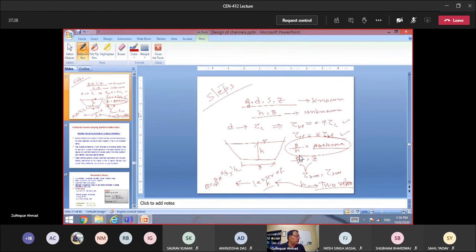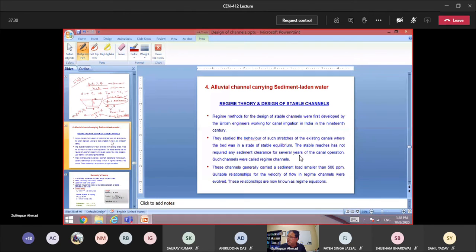So now we have to talk about the alluvial channel, right? Alluvial channel carrying sediment laden water, right? And this is very common in all the canals, whether the earthen canal or the alluvial canal, whatever you want to say, you see that it is having this sediment.